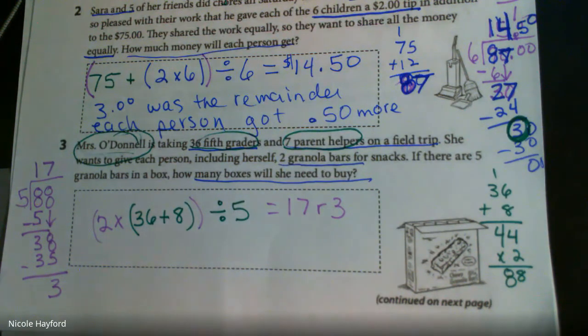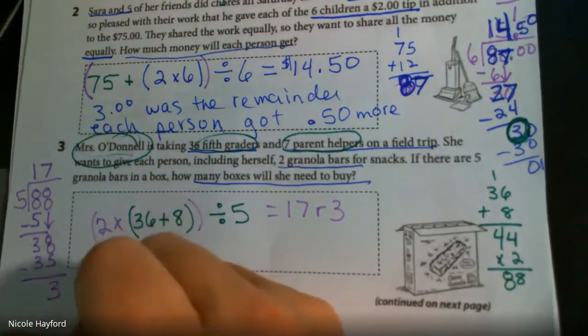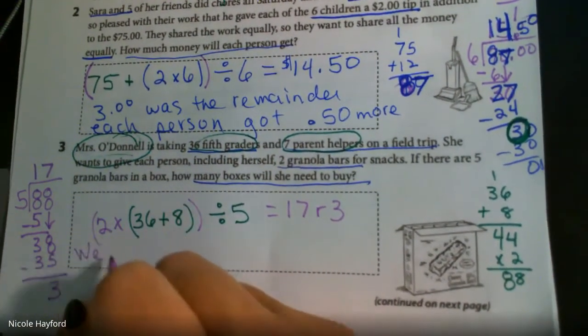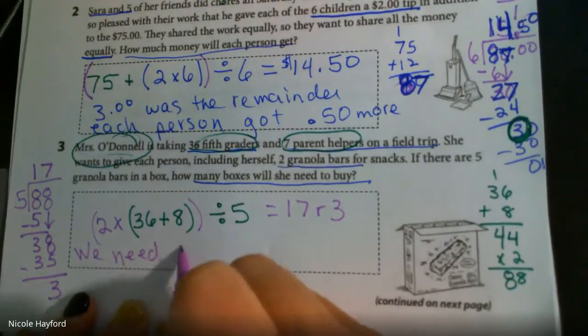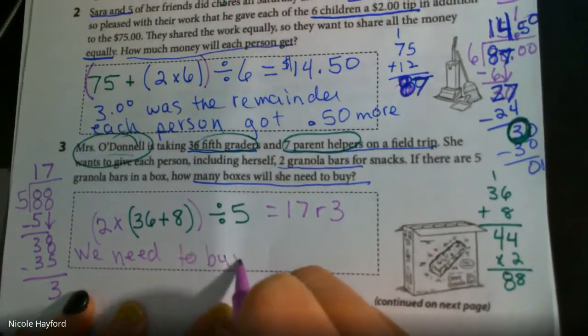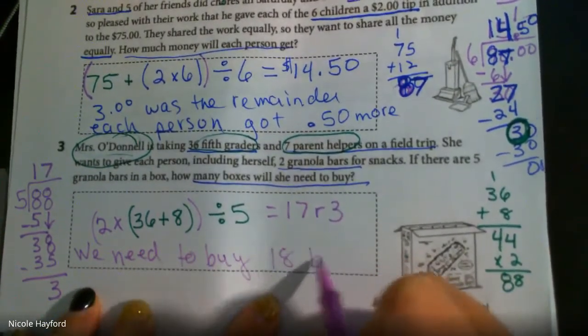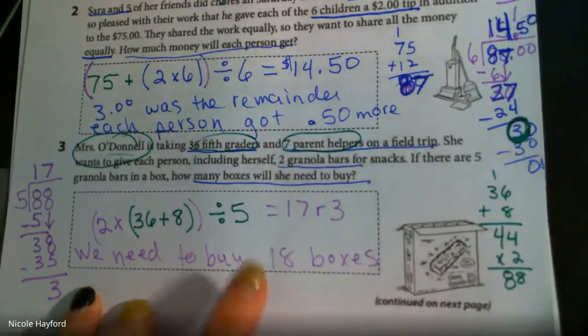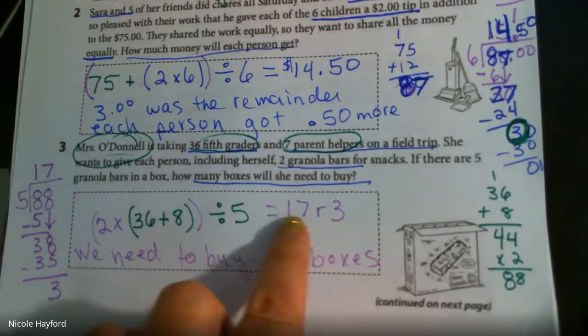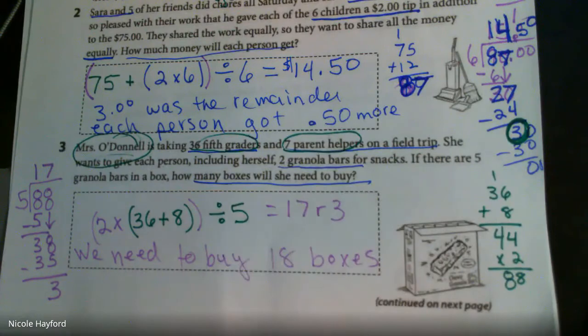Yes. Yep. So we need to buy 18 boxes. Not 17. Because we have 3 here that means 3 people only get 1.